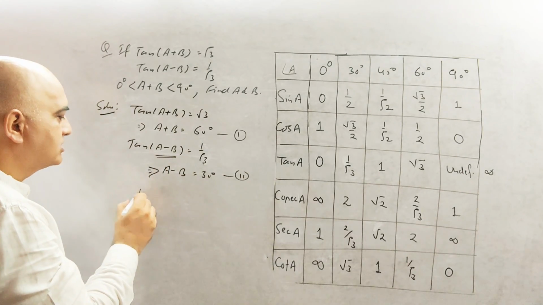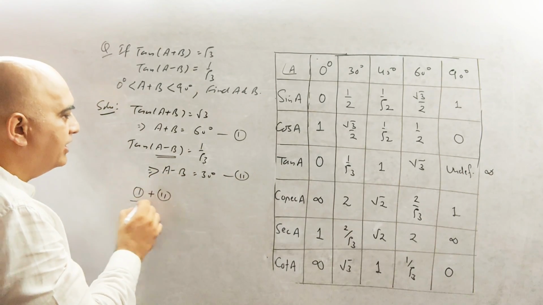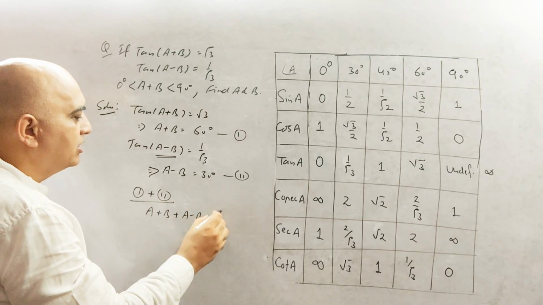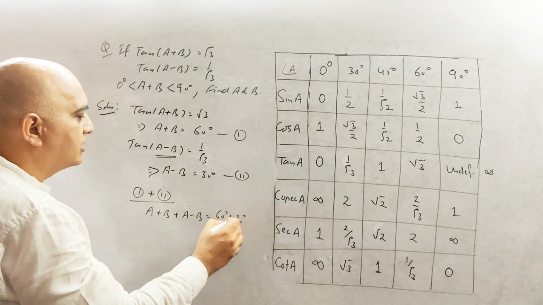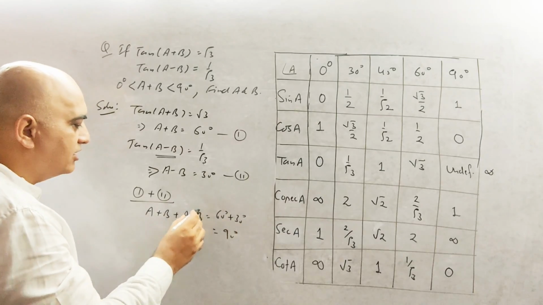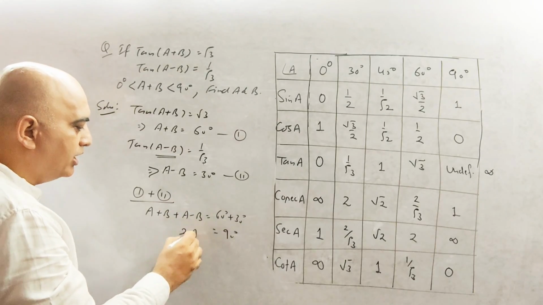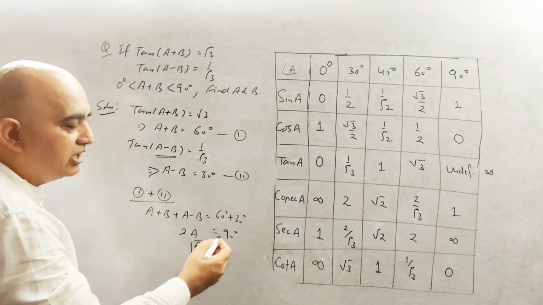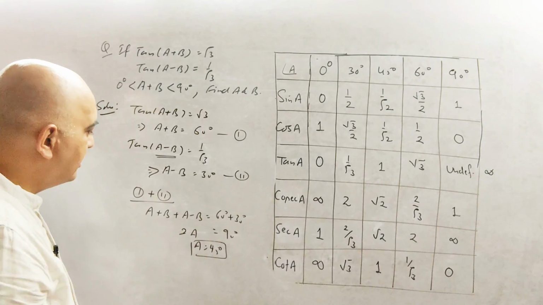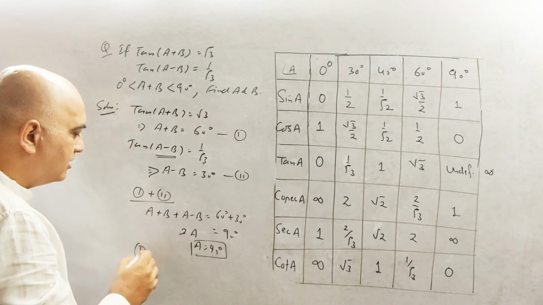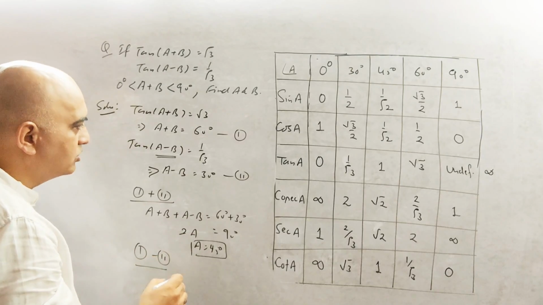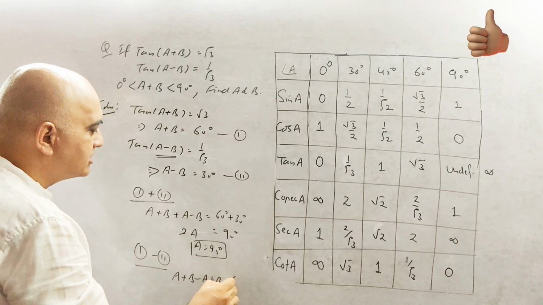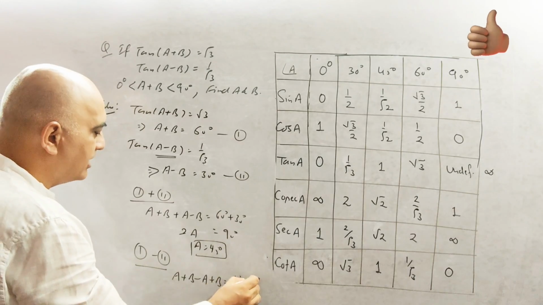Solving these two equations, adding 1 and 2: a plus b plus a minus b becomes 60 plus 30 degree. That becomes 90 degree. You can cancel out, and 2a is 90 degrees, so a becomes 45 degree. And whenever you subtract 1 and 2, we obtain a plus b minus a minus b is equal to 60 minus 30.